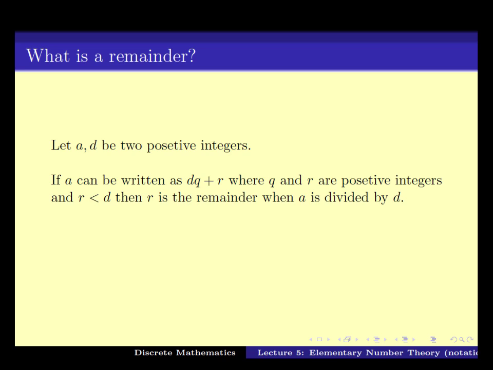Just a quick comment: if r is equal to 0, that means if the remainder is 0, in that case a is equal to d times q, where q is a positive integer, or in other words a is divisible by d. So thus if d divides a, then the remainder is 0, else we get a remainder that is less than d.